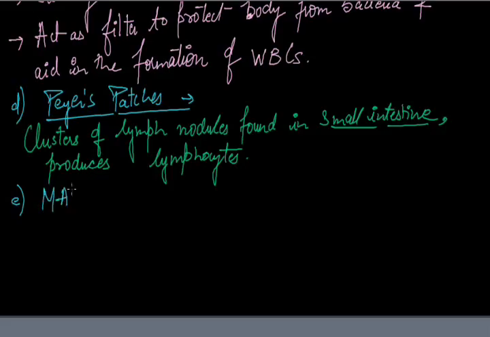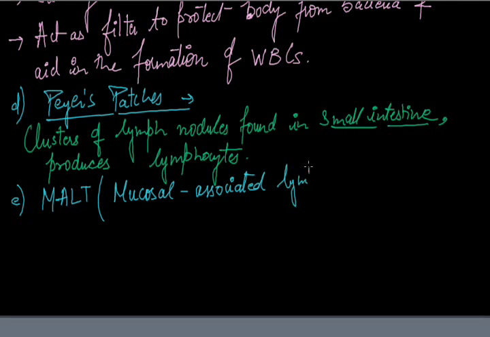Next is MALT. MALT is mucosa associated lymphoid tissue.